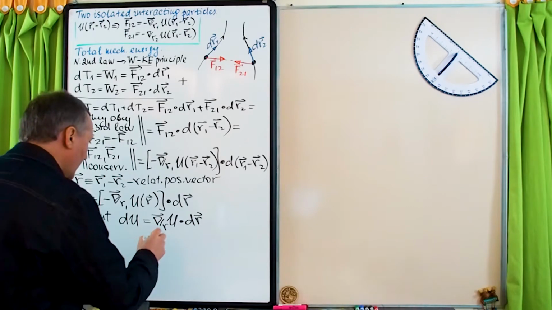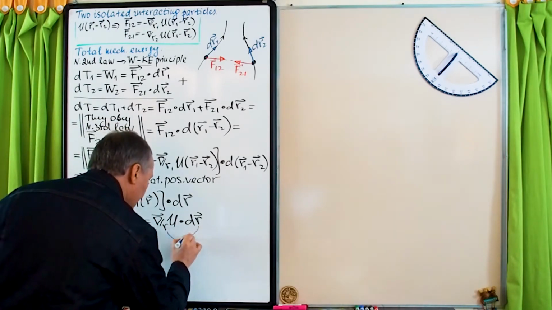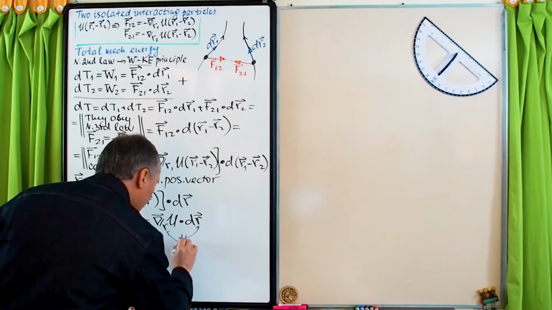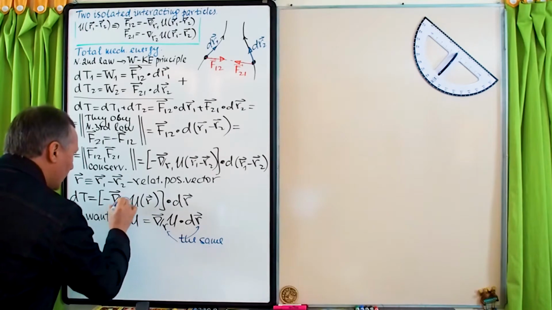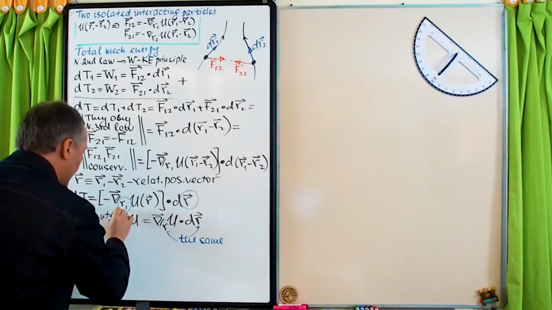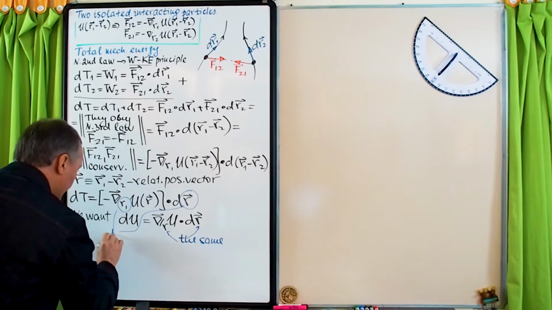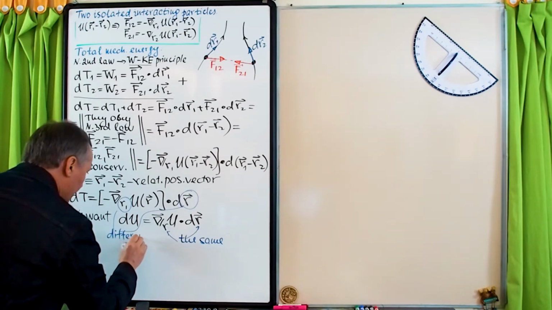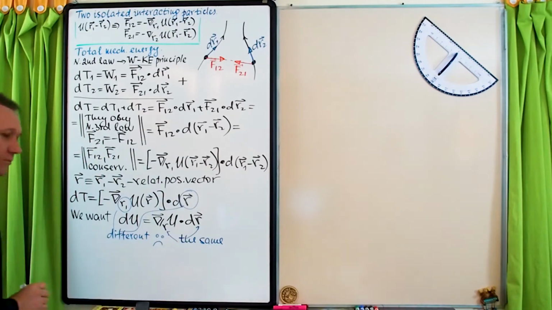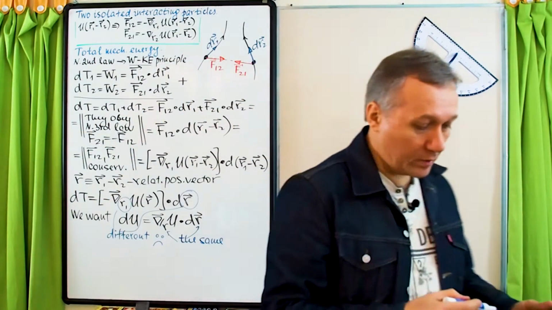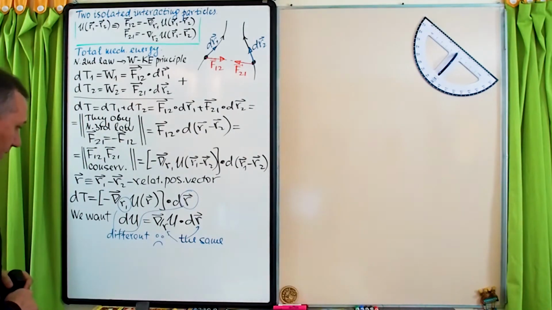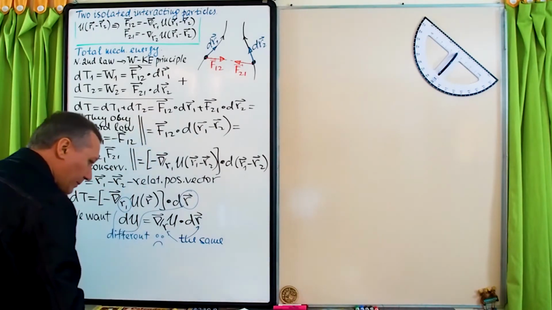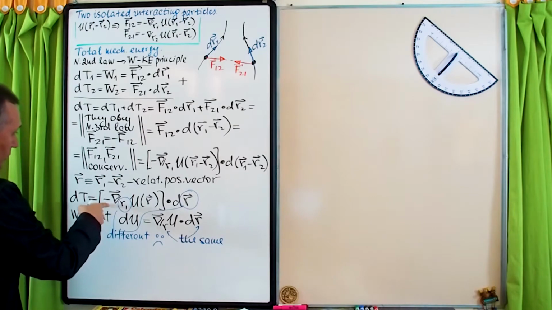So let me emphasize what is still wrong. These are the same, but in our case, r1 and r are different. So now let's look at this gradient. What do we have here?